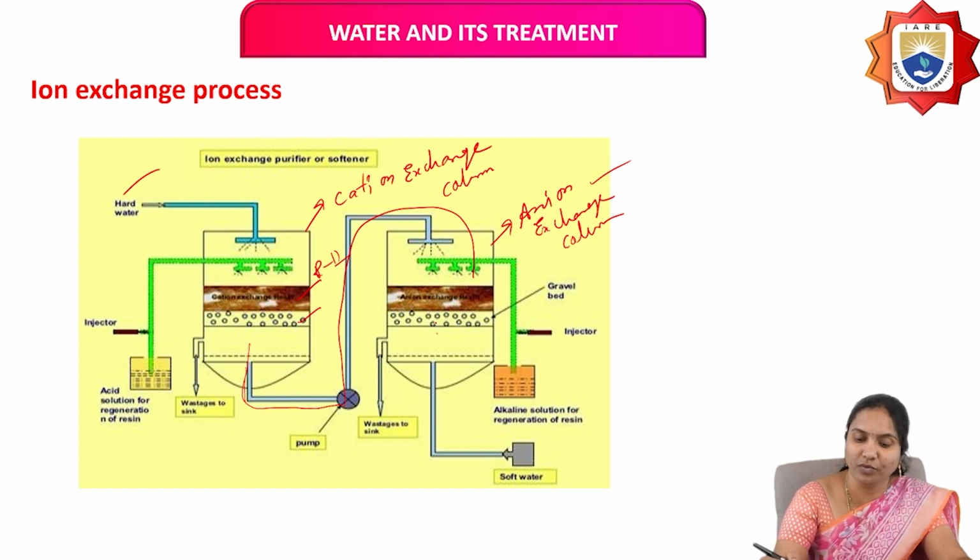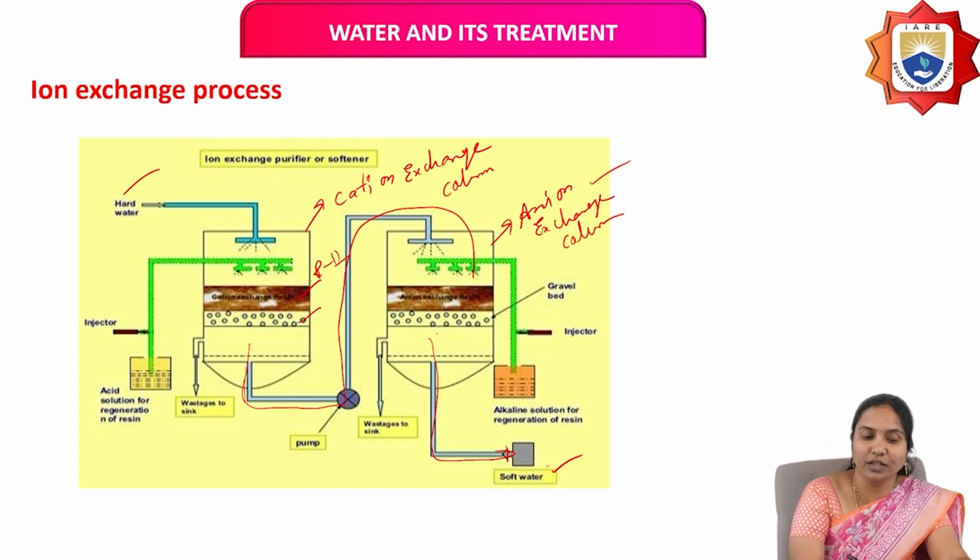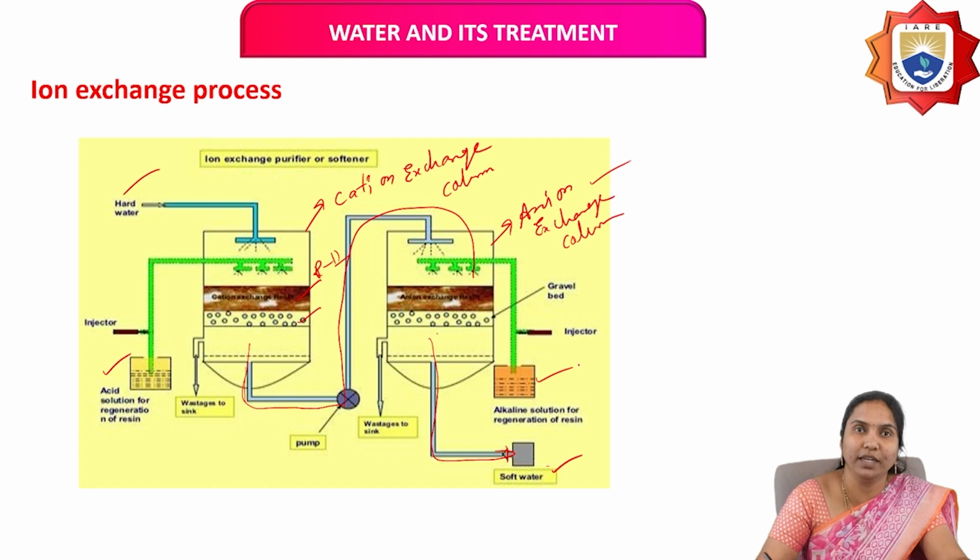So the water coming out is completely free from hardness causing ions and also completely free from minerals. This water is called soft water, and this is also called the demineralization process. So here, what is the use of this acid and base?